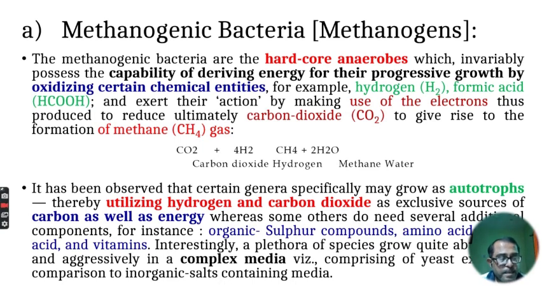So we can grow methanogenic bacteria in our lab using complex medium, but we also have to provide anaerobic conditions, so they will grow. Otherwise, when we try to grow this bacteria in aerobic conditions, they will not grow.